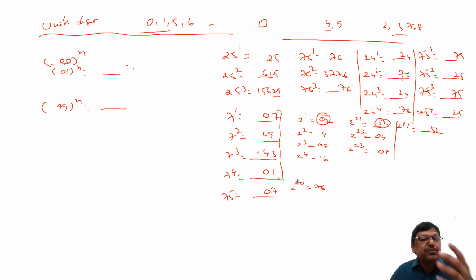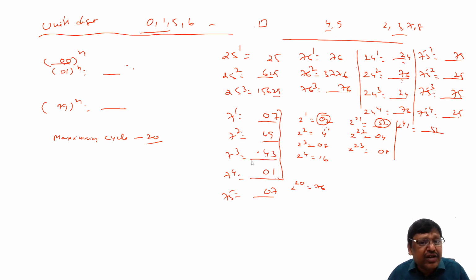And when we observe all the numbers, what we found is that the maximum cycle, meaning the maximum number of different answers you get, is 20. The maximum cycle is 20 possible cases, like this for 2 power 1. And the others, where you have the same digit or two different answers or 4 different answers, are all factors of this 20.